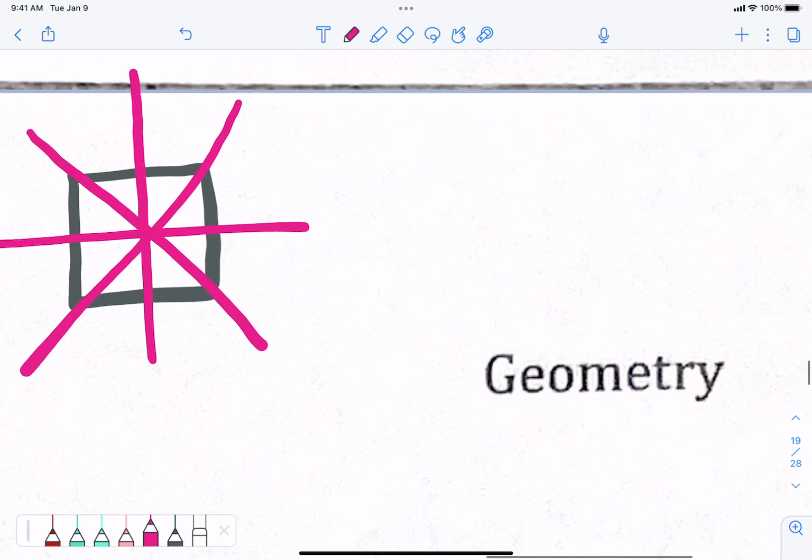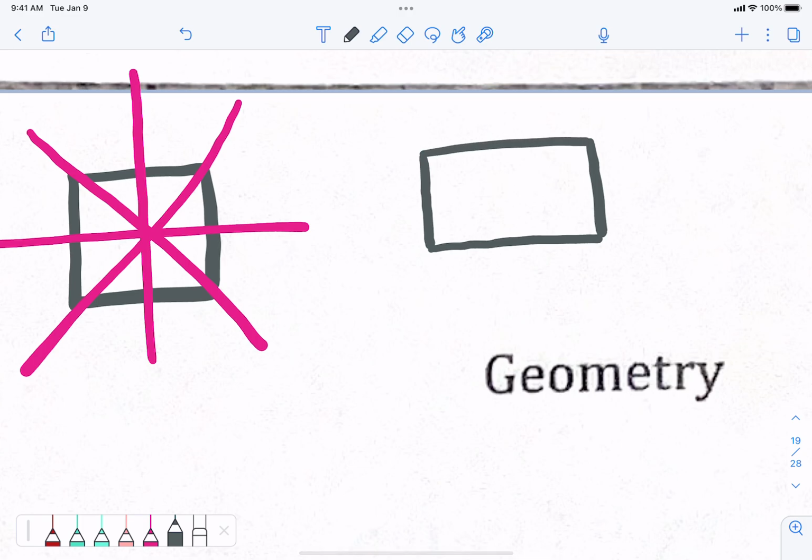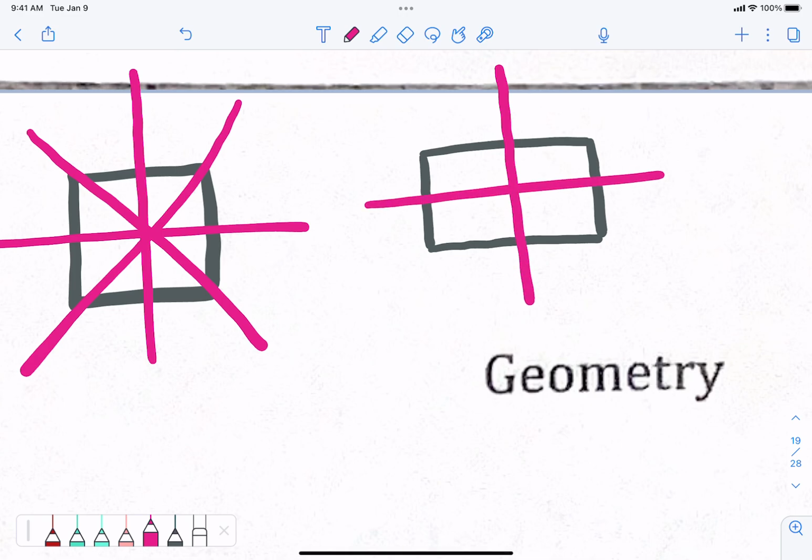Now real quick, while we're on it, let's talk about a rectangle. Does a rectangle have 4 lines of symmetry as well? No. It has this one, and this one. It just doesn't have diagonal. Can I draw a line of symmetry like here? If I do that and fold this guy over, he's going to look like this.